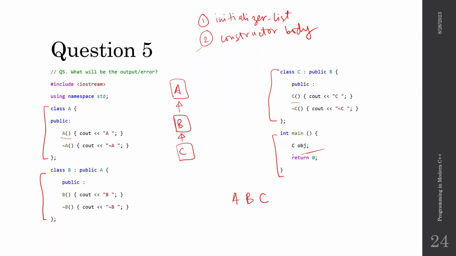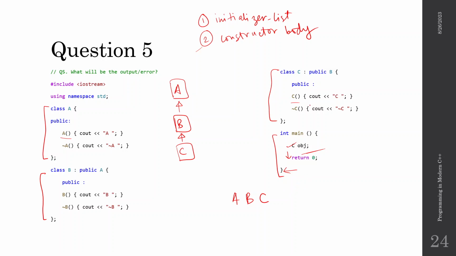And now we come to the end, so the object is initialized here. Then the program will run, and over here the program terminates. So this obj object has to be destroyed. Okay, so how will it be destroyed?